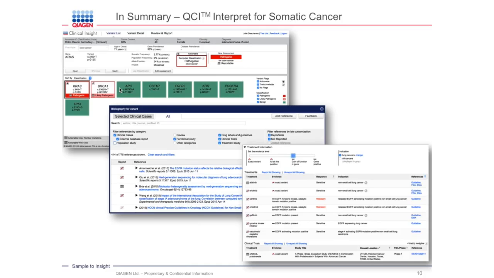It allows you, for somatic cancer, to really look into the different treatments and trials and report that out within your report based on the indication and the level of evidence as well. And then finally, QIAGEN Clinical Insight Interpret allows you to report out the information.